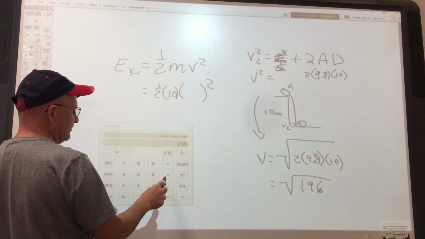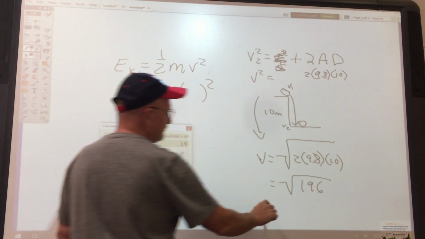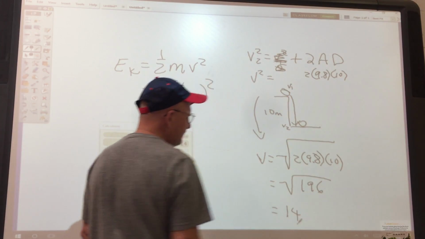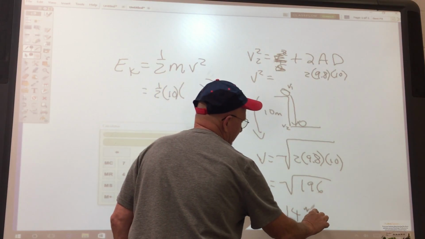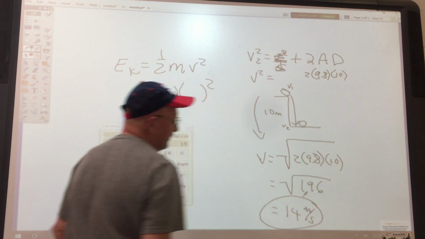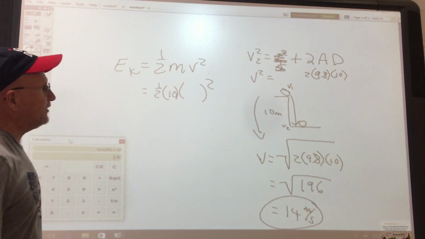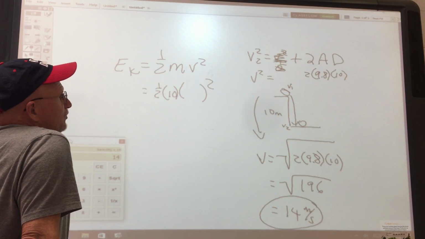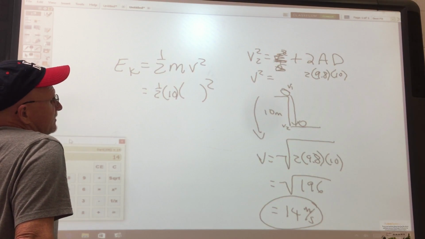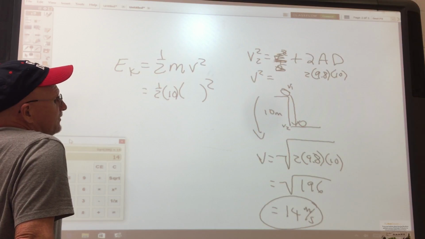I just hit the square root button here, and I get 14. So that should be my velocity, 14 meters per second. Did I do that right? I'm just checking my math.